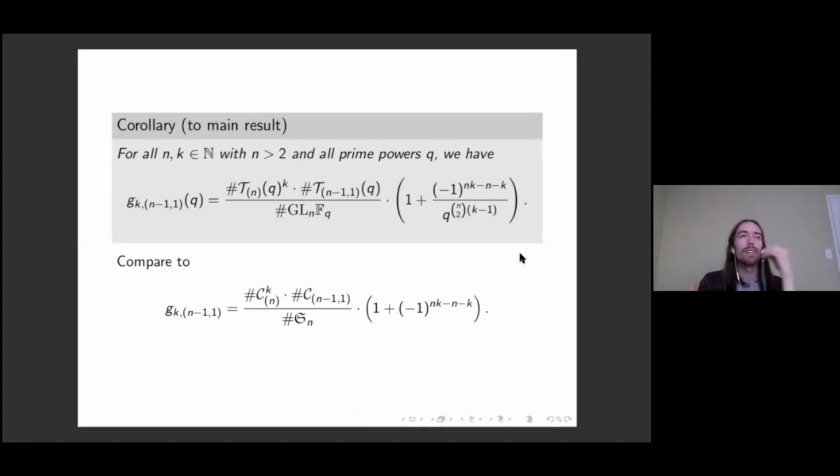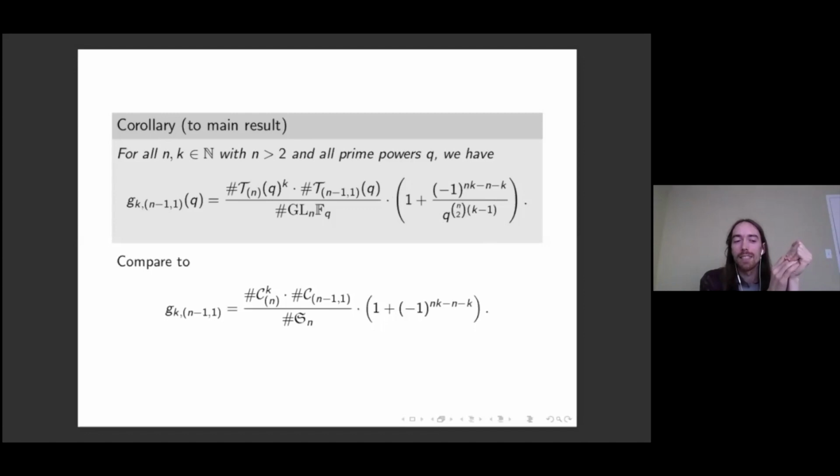But the weird distinction I wanted to point out is that in the symmetric group, this sum of 1 and minus 1 to some power is either 0 or 2, and the zeros are coming from a parity condition. Basically, you just can't have certain permutations multiplying to each other just based on their evenness or oddness. But in GL_n(F_q), because Q is a prime power here in the denominator, that's never equal to 0.